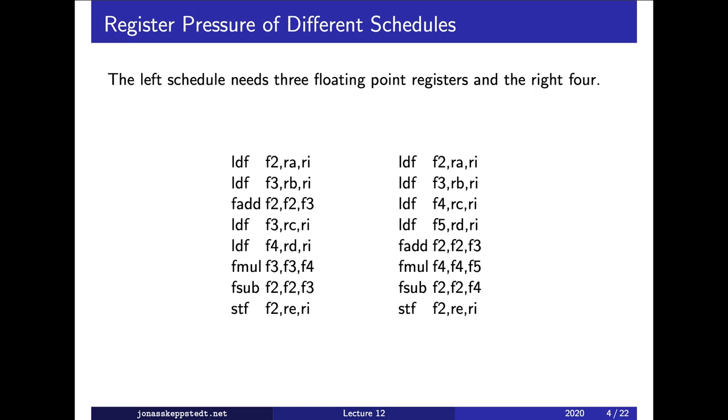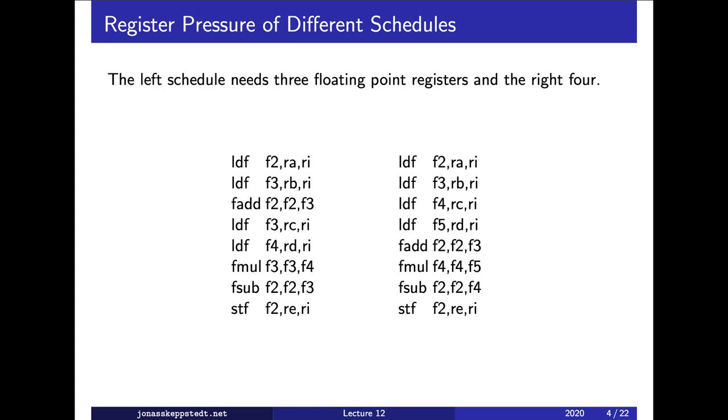So what's the register pressure for these two schedules? The left needs 3 floating point registers, and the right needs 4 floating point registers. Does that automatically mean that this one is slower due to needing more floating point registers?